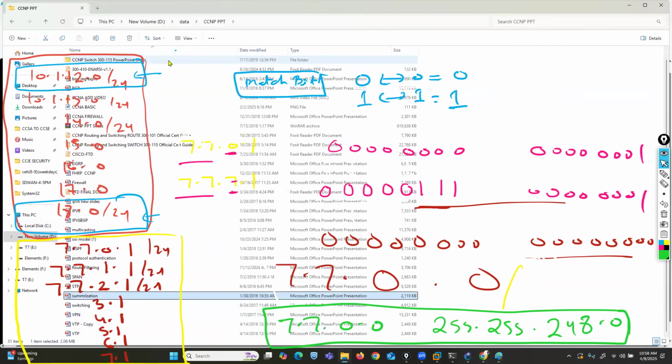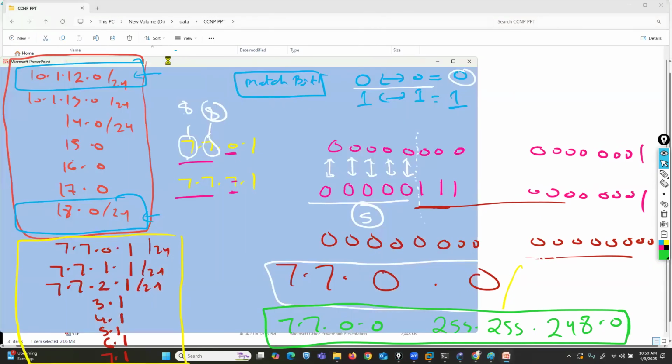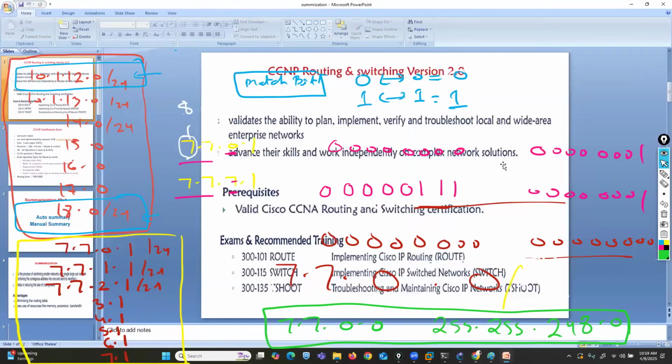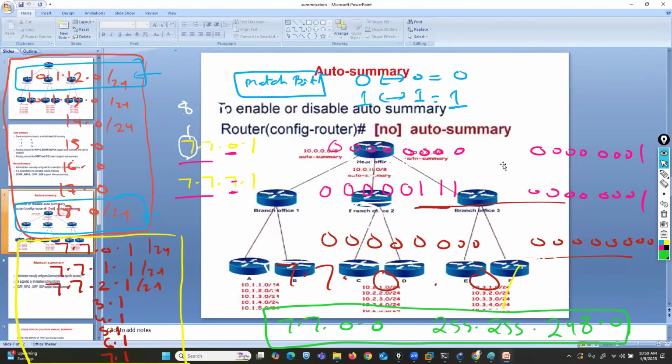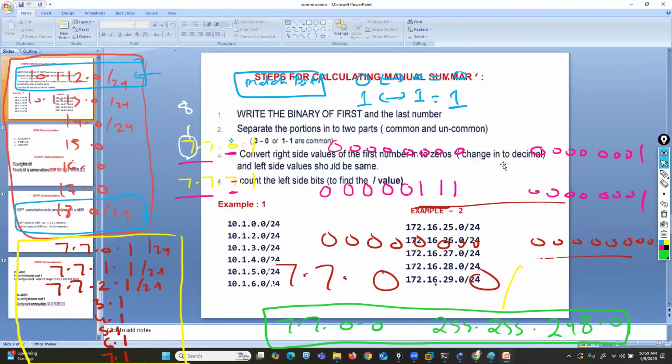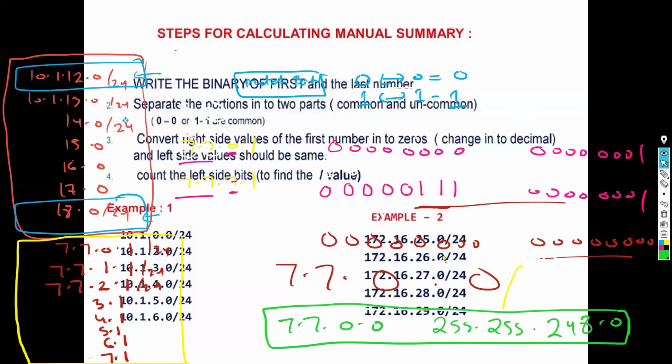You can try. Take your time, no problem. Now, this is the question. Try to find the summary address of this network.